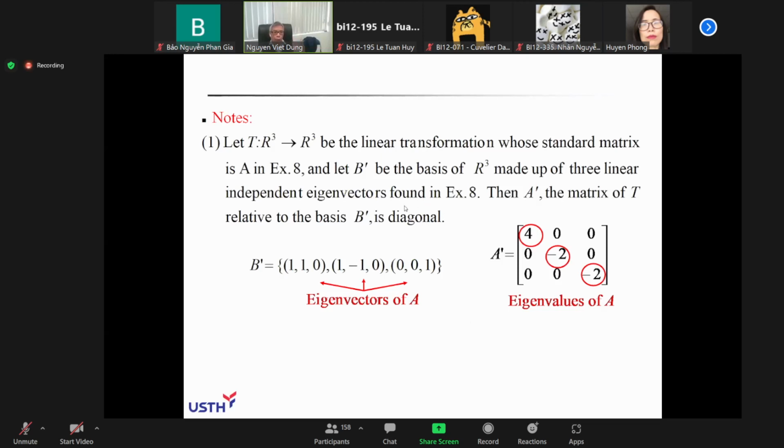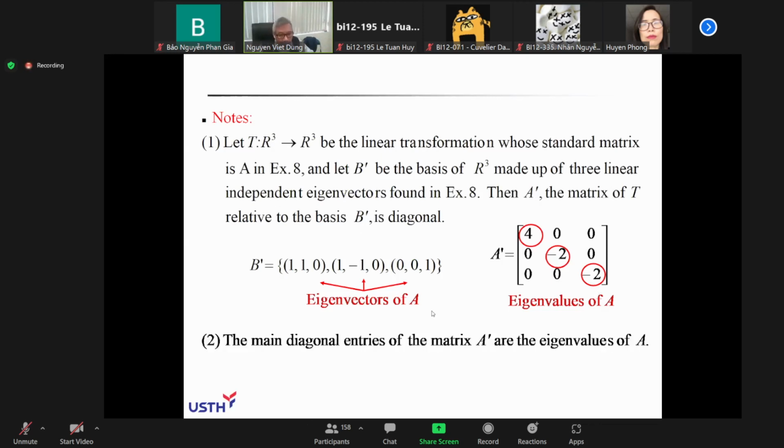If you choose a new basis consisting of all linearly independent eigenvectors, then A prime, I mean the matrix of T relative to the new basis, will be that thing. The main diagonal entries of A prime are the eigenvalues of A.